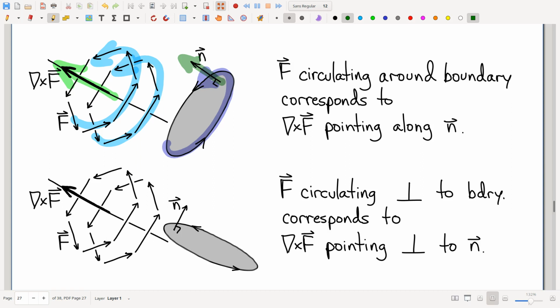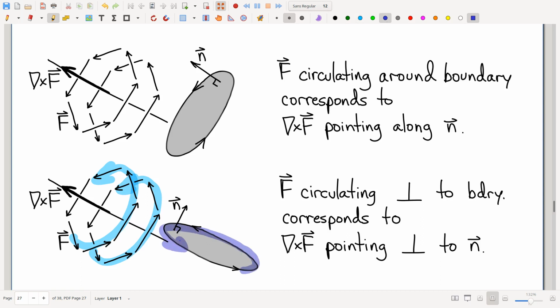By contrast, now let's look down here at this other surface, and we've got the fluid going around like this. Again, same exact fluid, same exact vector field. Now our boundary is doing something like this. So, is the fluid flowing along this boundary?